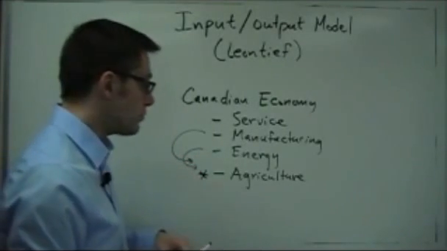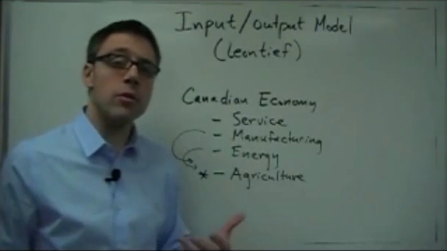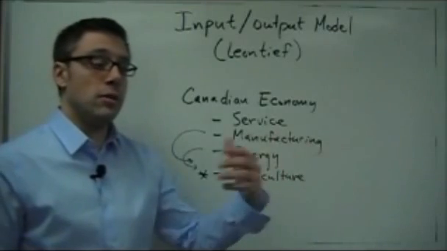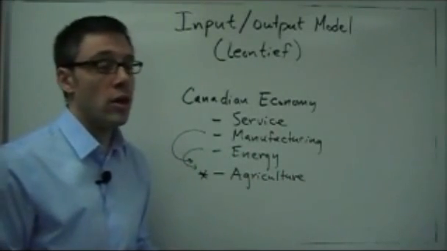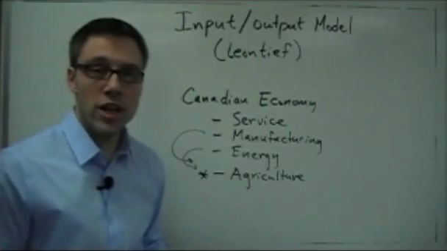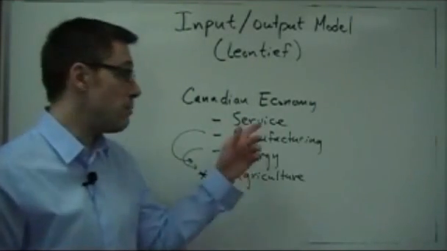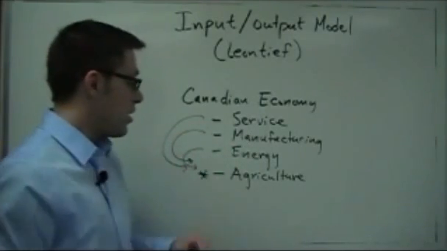Similarly, a farmer may need to borrow money from the bank in a loan to buy seeds for planting his crops, or for machinery that he may need. That's of course a production of the service sector. Banking is in the service sector, so that's an input into agriculture as well.